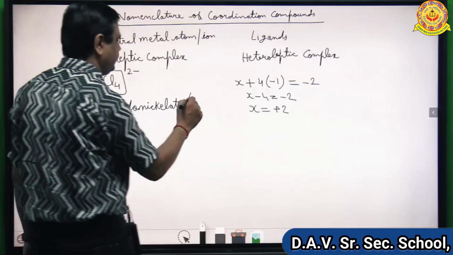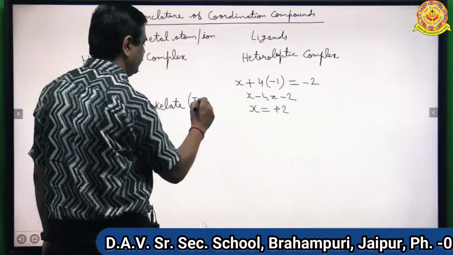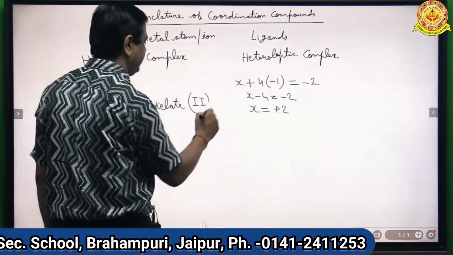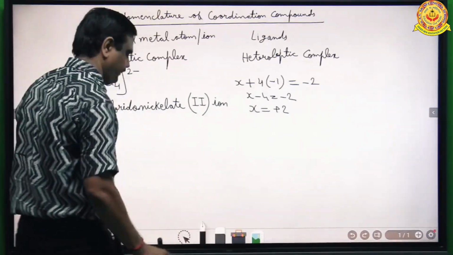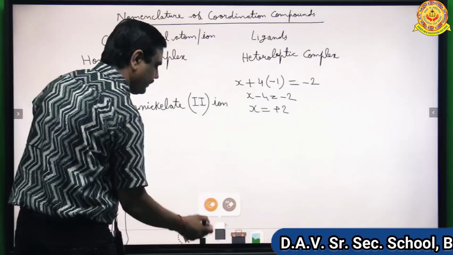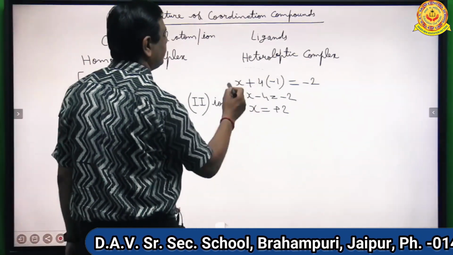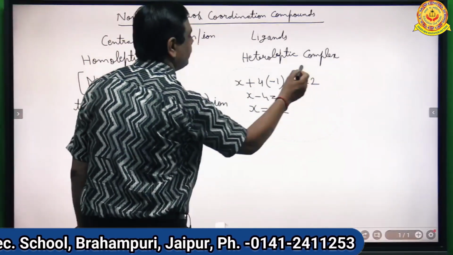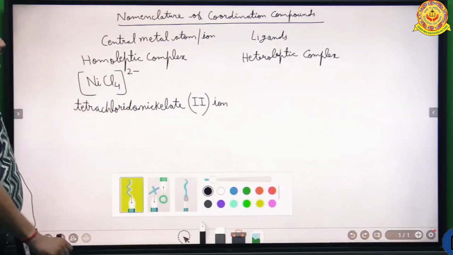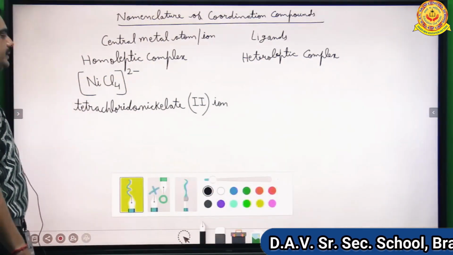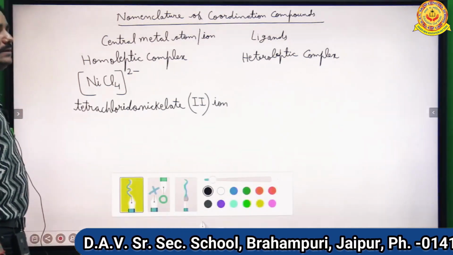So we will write it in Roman numerals in a small bracket, and ion. So the complete name of this complex is tetrachloridonickelate(II) ion.